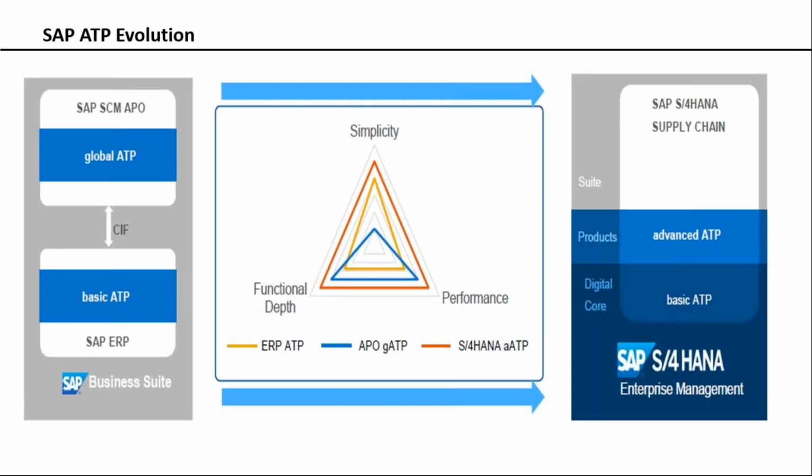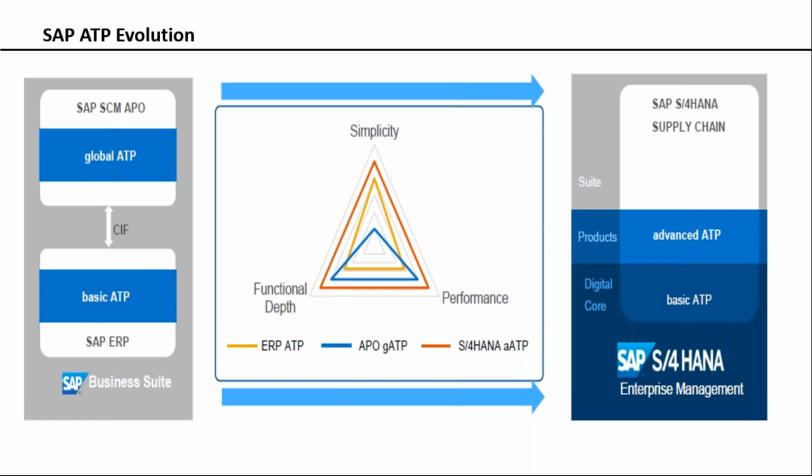If you look at the screen here, initially when SAP was developed, we had basic ATP check in the SAP ECC system. Later SAP developed the APO system, where there was another module called Global ATP, which mainly focused on availability check, rule-based ATP, and product allocations, by integrating the GATP module with production for component ATP availability check.